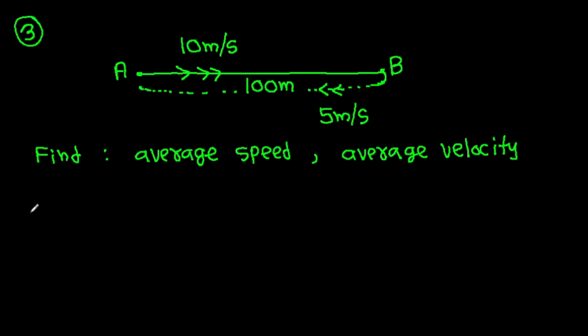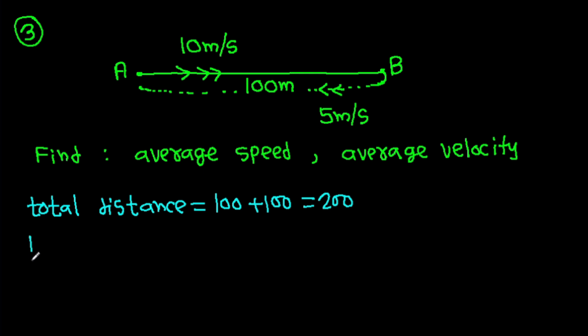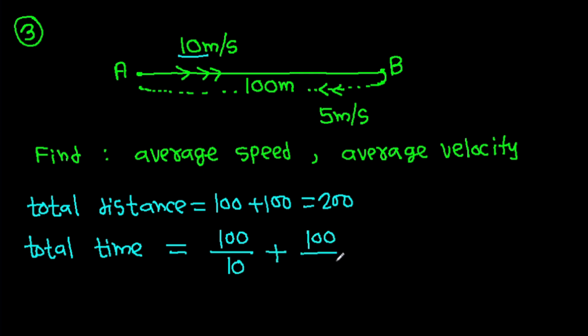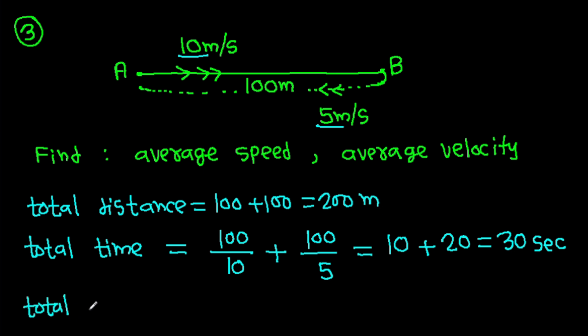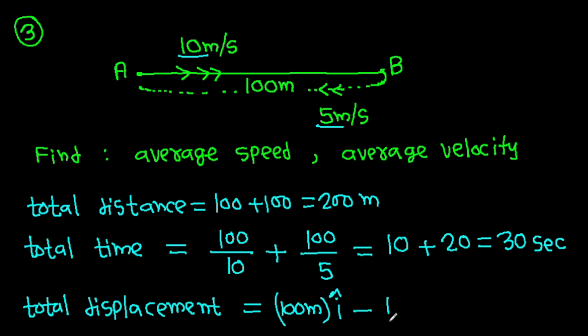So total distance is 100 plus 100, that will be 200, and total time will be 100 divided by 10 plus 100 divided by 5, and it is 10 plus 20, that will be 30 seconds, and total displacement will be 100 meter in i direction and 100 meter in negative i direction, that will be 0.